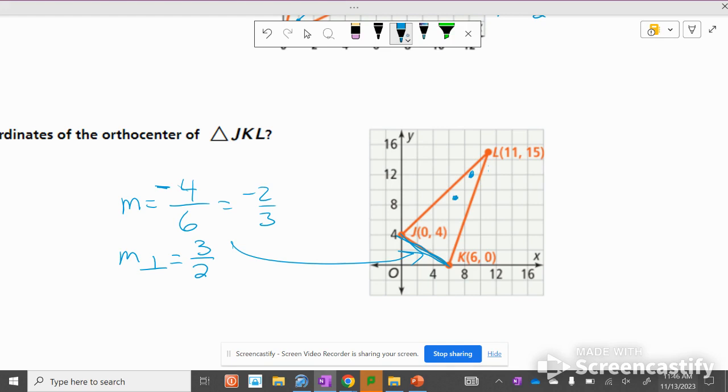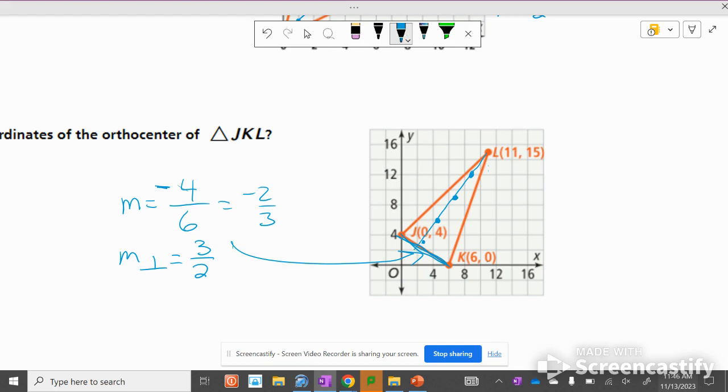So there I'm at 9, 7. Down to there, over to there. Okay, and then down, over. So there's one altitude.